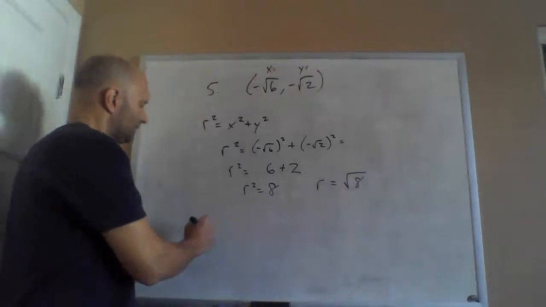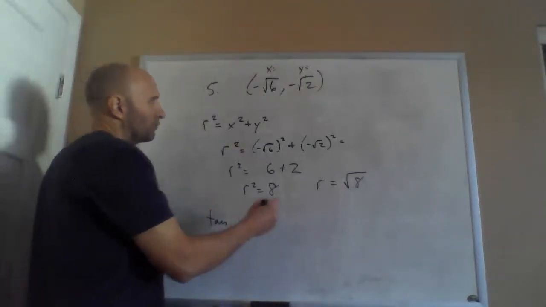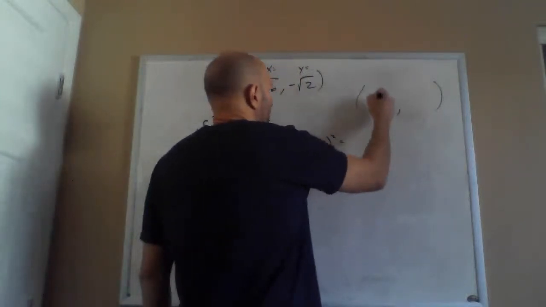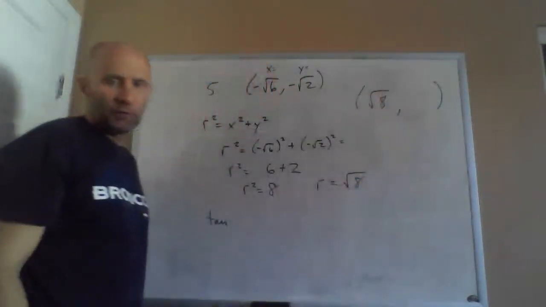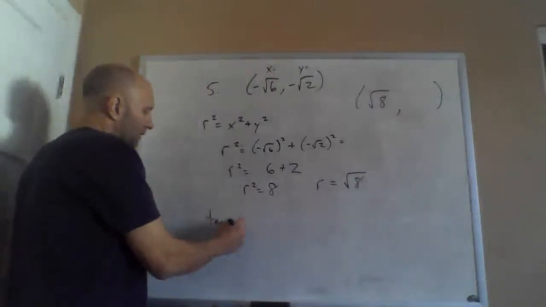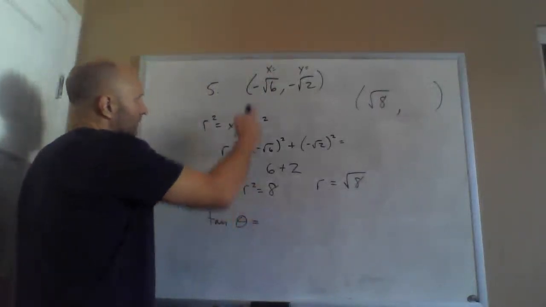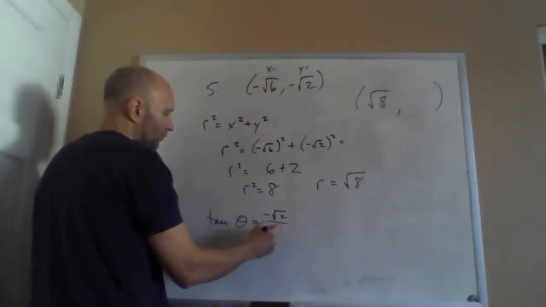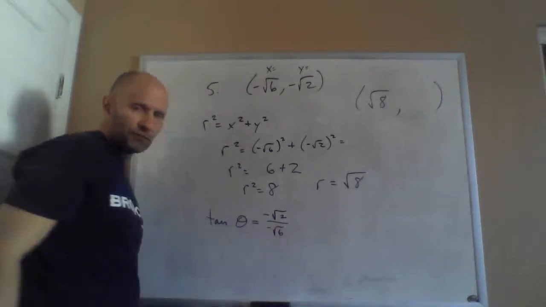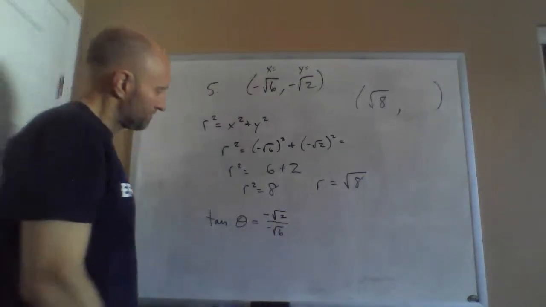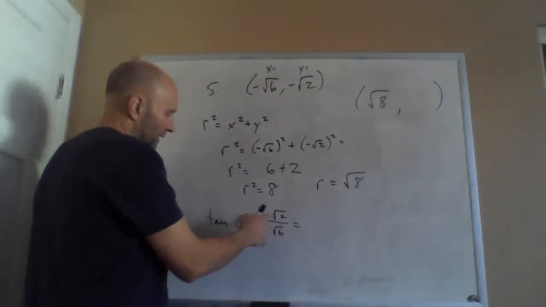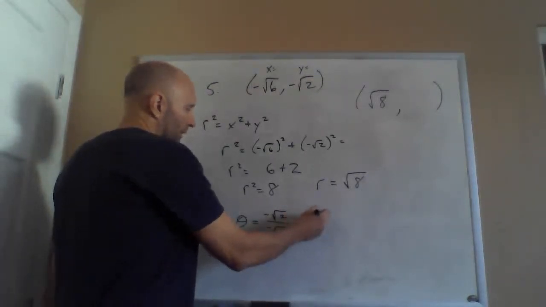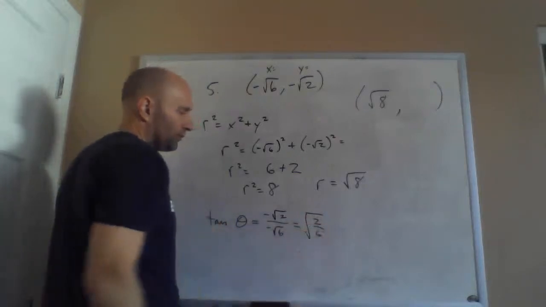All right, second, we need our value for theta because we want to put this in our coordinates of r and theta. So we already figured out r is square root of 8. And so now we have tangent of theta is equal to y over x. So negative square root of 2 over negative square root of 6. So this is what? Negative divided by negative is positive. And using our radical rules, we can combine this, 2 over 6.